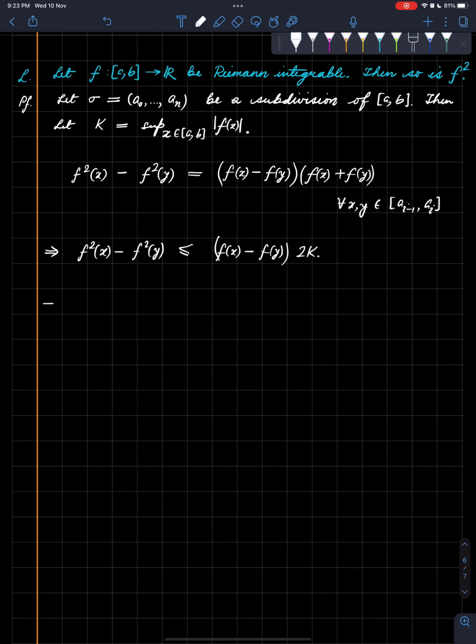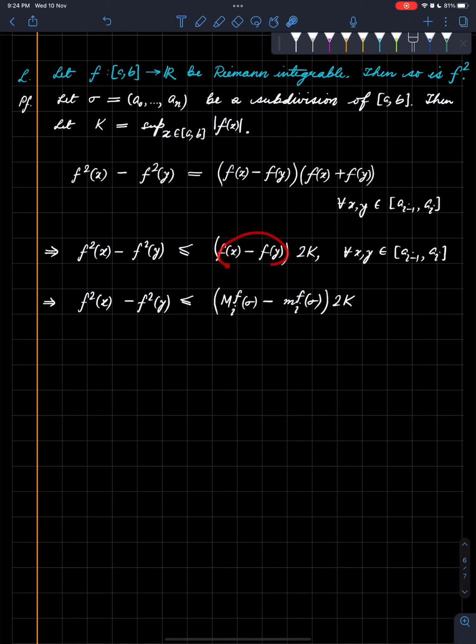Which implies, yeah, I'm using this for all x, y in the ith part, which is less than or equal to M_i f sigma minus m_i f sigma, times 2k.